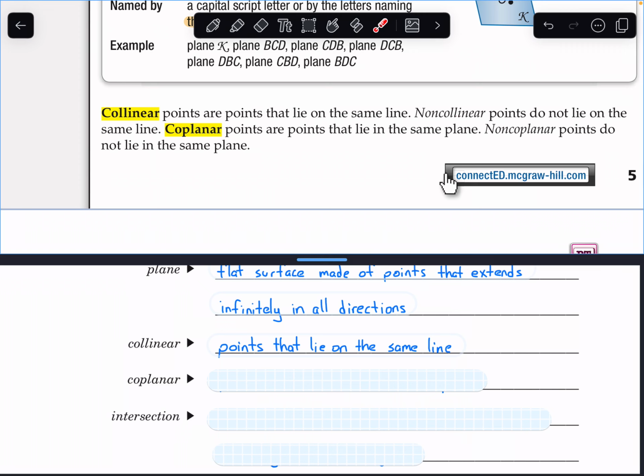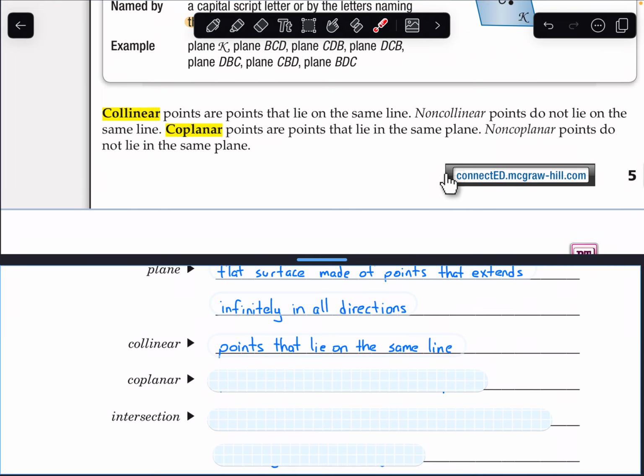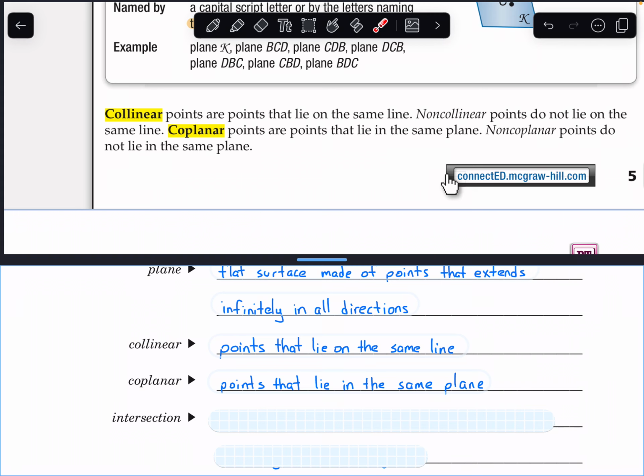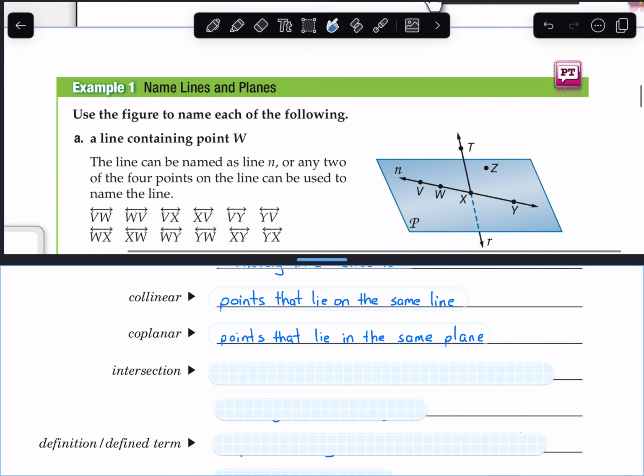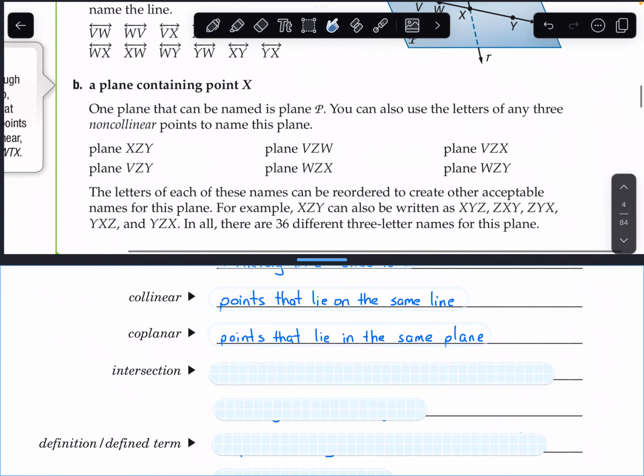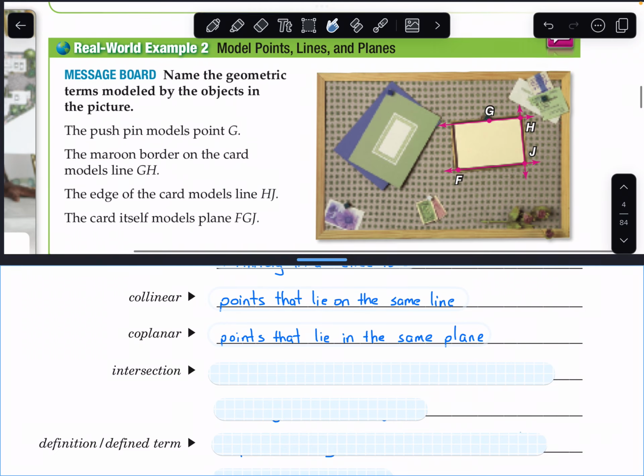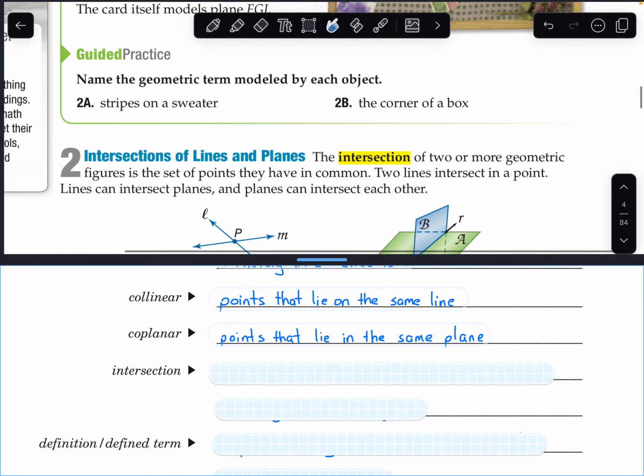Non-collinear points do not lie on the same line. I think that is pretty self-explanatory. Coplanar points are points that lie on the same plane. Once again, we have the word plane inside the word. Non-coplanar points do not lie in the same plane. So coplanar is very similar to collinear. Same line, same plane. I will pass these examples by. We'll return to those in part 2.